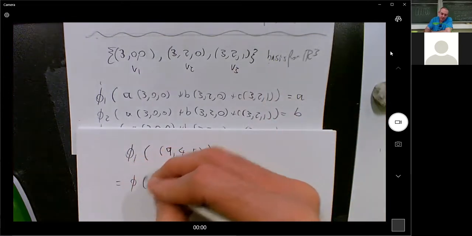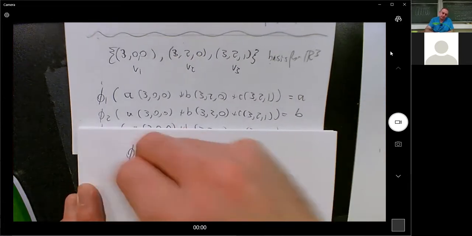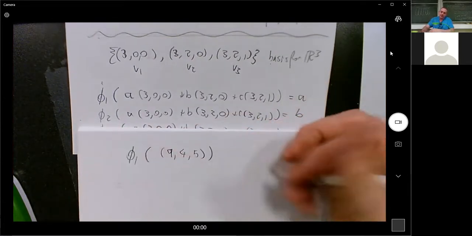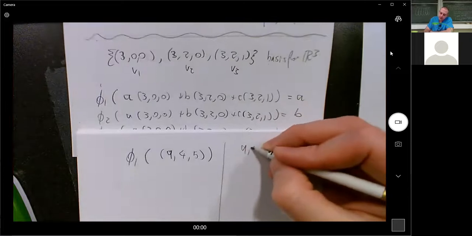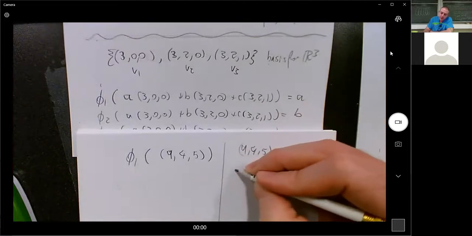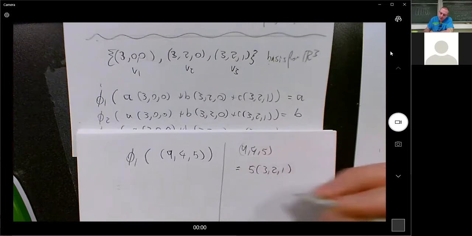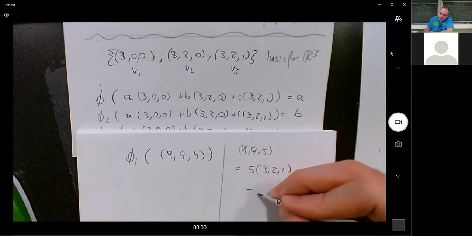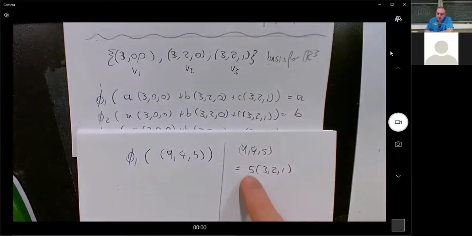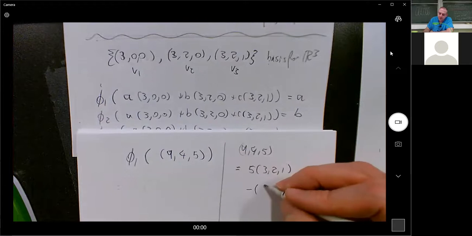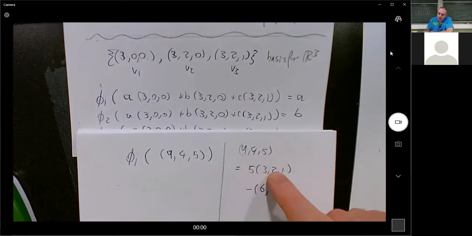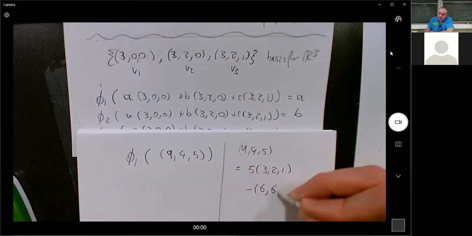So I would have to go, 945 would be 5 lots of 3, 2, 1 minus. So that's 15. So we'd have to take off 6. And that's 10. So we'd have to take off 6.